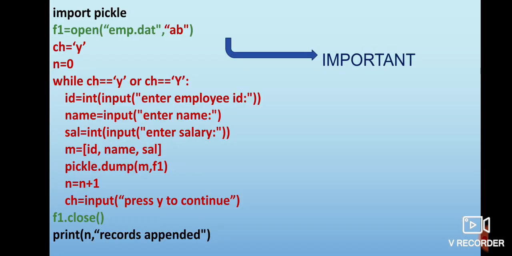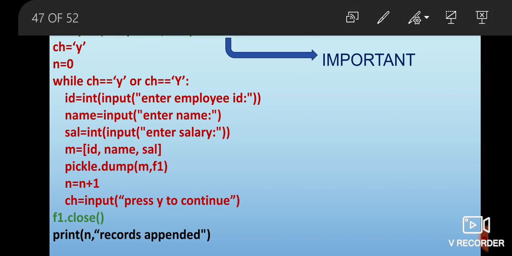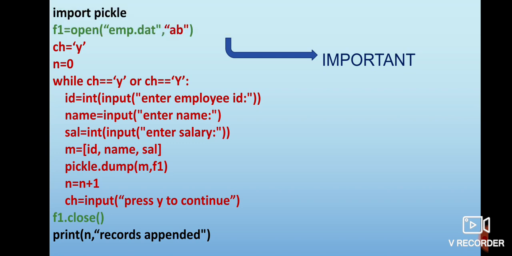So see the program. First of all, I am importing the pickle module because I will be using the dump function, and then I am opening the file. A very important thing that you have to notice in this code is that while opening the file, this file will be opened in append mode.